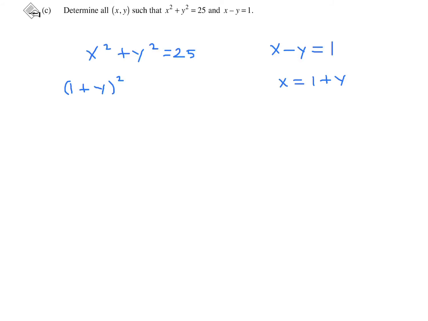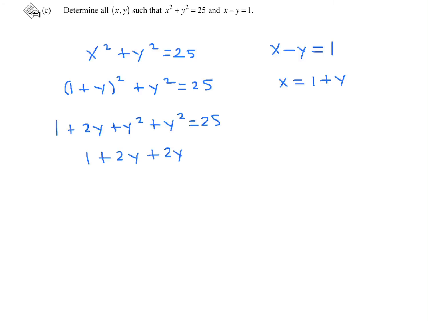So you'd get (1 plus y) squared plus y squared is equal to 25, and therefore this is 1 plus 2y plus y squared plus y squared equal to 25, so 1 plus 2y plus 2y squared is equal to 25.